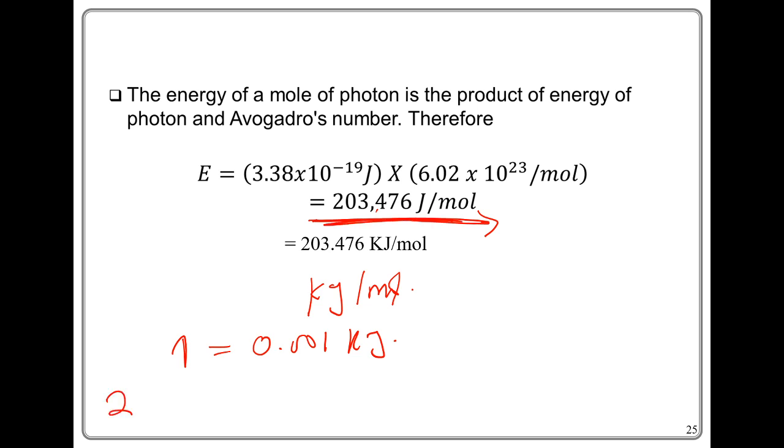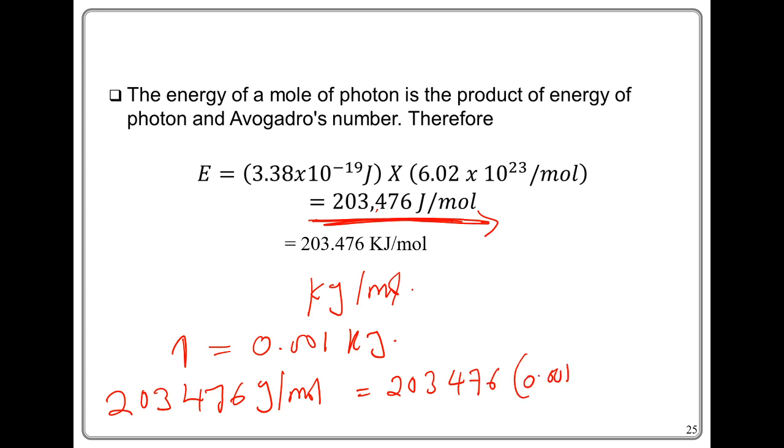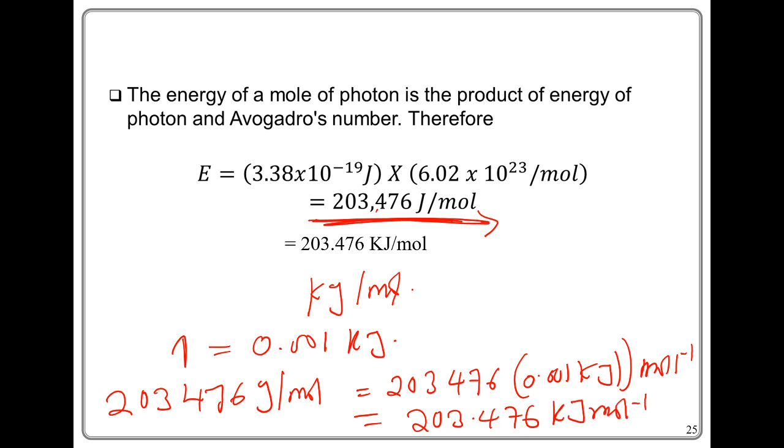You have 203,476 joules per mole, which is basically equal to 203,476 times 0.001 kilojoules per mole, which is equal to 203.476 kilojoules per mole as your final answer.